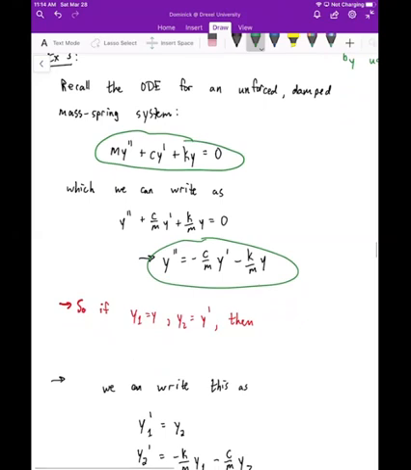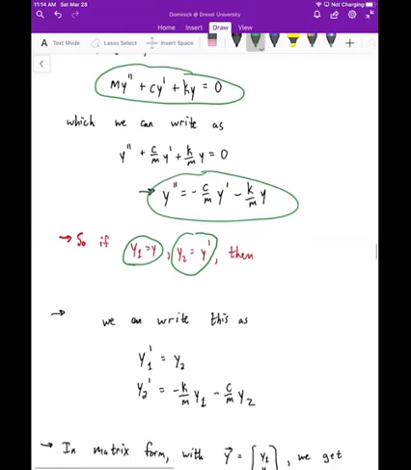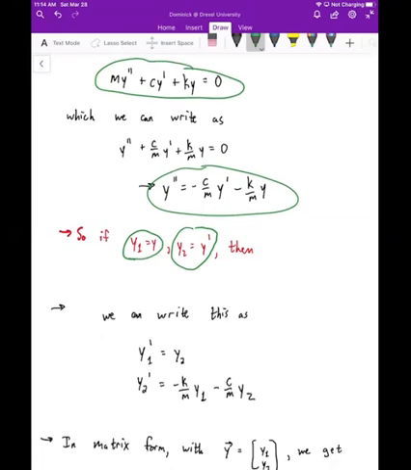So again, as we mentioned before, we want to set y1 equal to y, and y2 will be equal to y prime. So then our system will become, well, y1 prime is equal to y2, right? And again, y2 prime, which is y prime prime, which is just y double prime, is equal to negative k over m y1, because that's y.